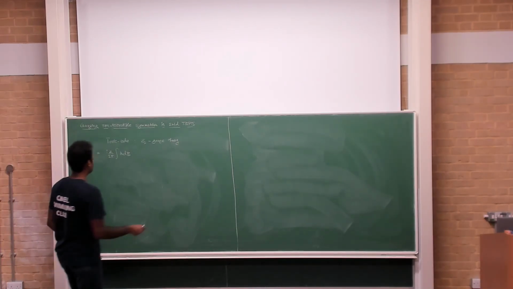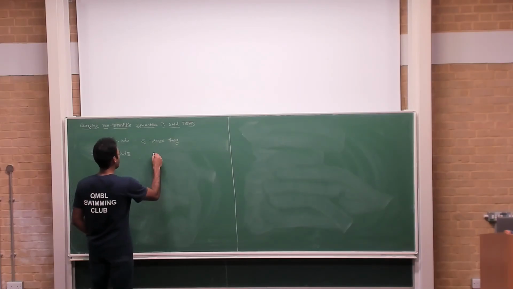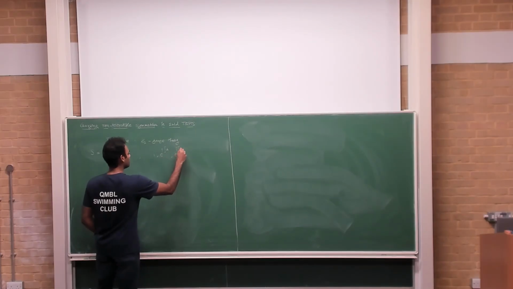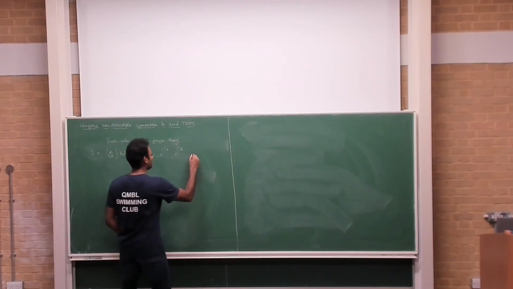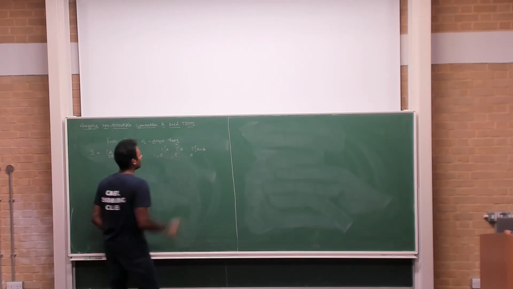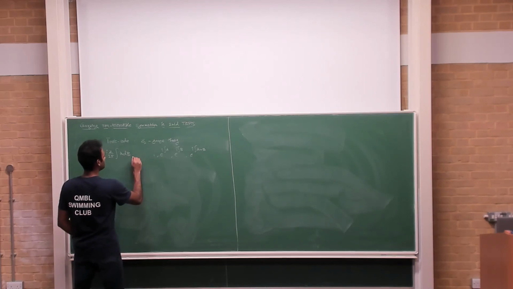So in this theory, there are 4 simple line operators: the identity, and then the Wilson line for A, the Wilson line for B, and then a combination for both of them. So these are the lines.